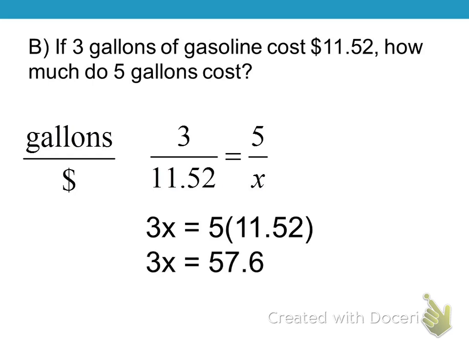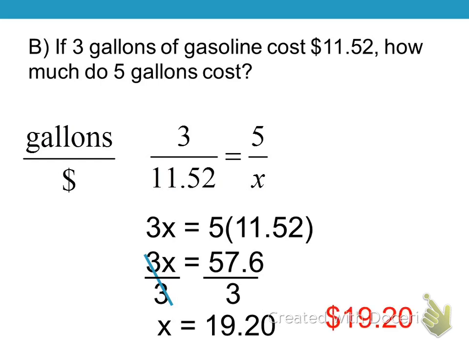That is right. You get 57.6. Then what? Divide both sides by 3. And you get 19.2, but we're talking about money, so you need to make it 20 cents.